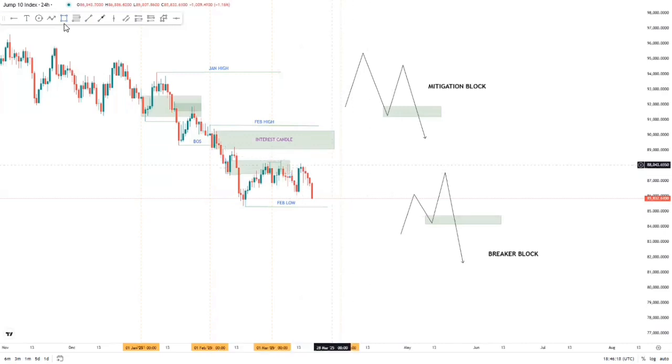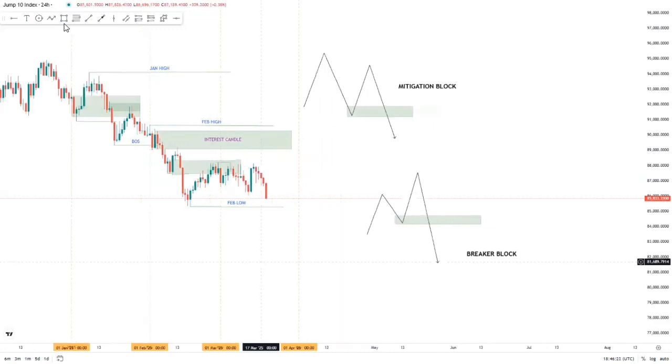I want you to grab this. You see here, this is the start of March. On the start of March here, you see this is the start of March, this orange line here.